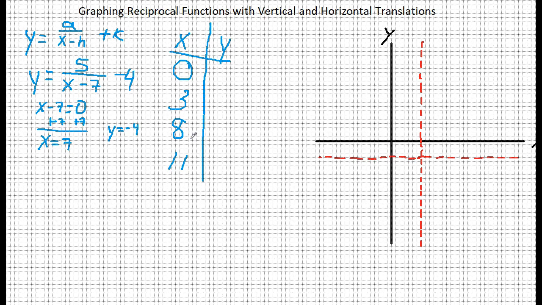If I plug in 0 for x, I get for y, negative 5 divided by 7, and then minus 4. I get negative 4.7 for y.